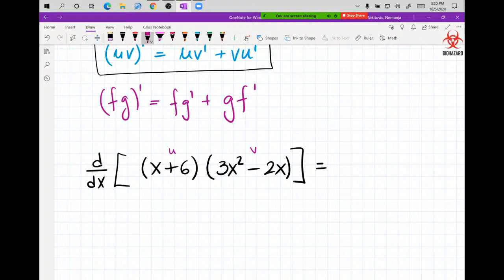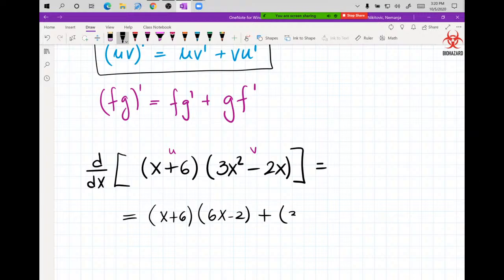All right, 18 seconds is up, because you are literally copying a part and then taking derivatives of basic polynomials, right? So copy the first, derivative of the second. Well, that's 6x minus 2.